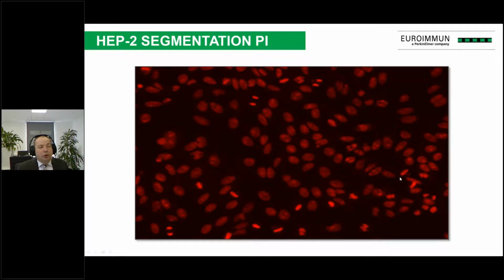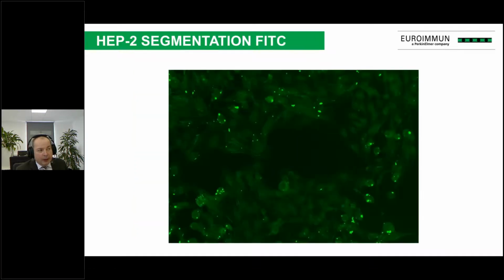Now we also try to use new deep learning methods for segmentation, and it works very nicely without counter staining. Here are just some very bad examples. One of them has a lot of bright fluorescence, and we don't know if it is specific or unspecific, and we have a lot of cytoplasmic fluorescence.